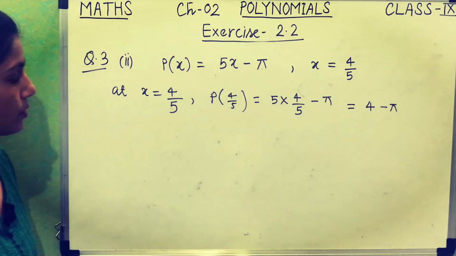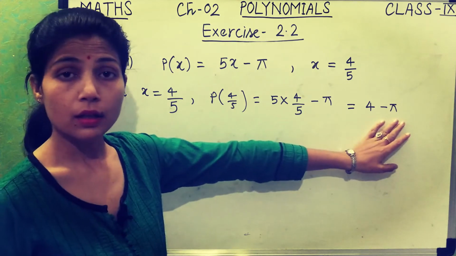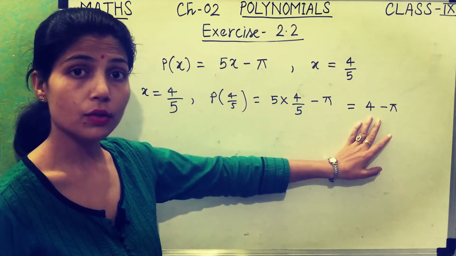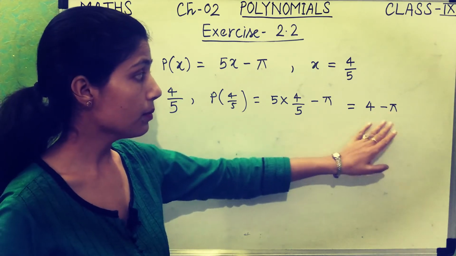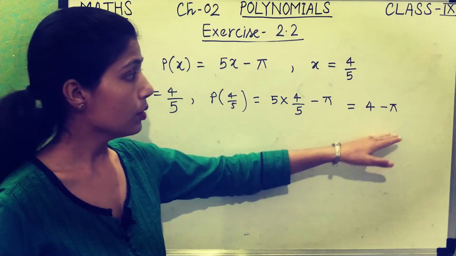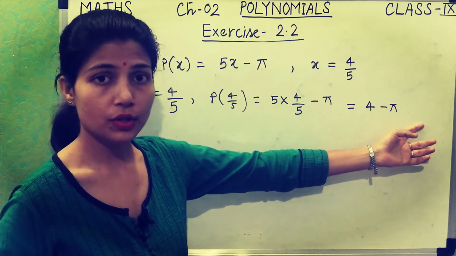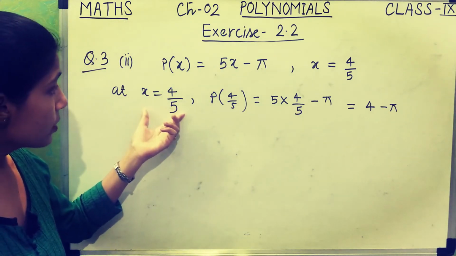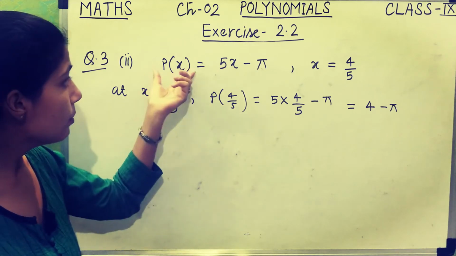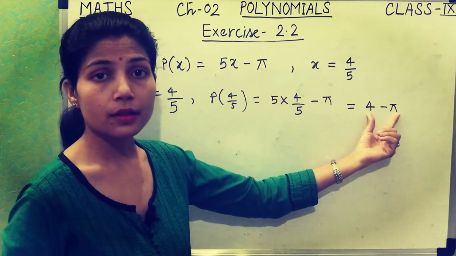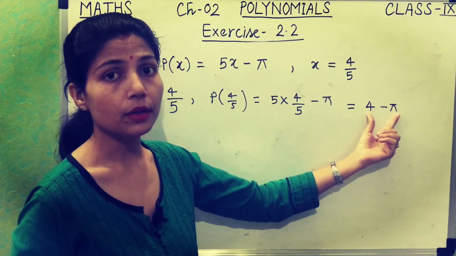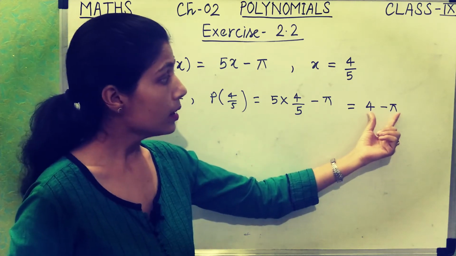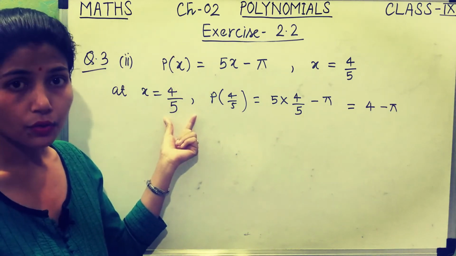Okay, so as you can see here, pi is a constant, 4 is also a constant. If you subtract pi from 4, you will get a non-zero constant. Okay, it means at x equals 4 by 5, the polynomial has this non-zero constant value. It means this is not a zero.